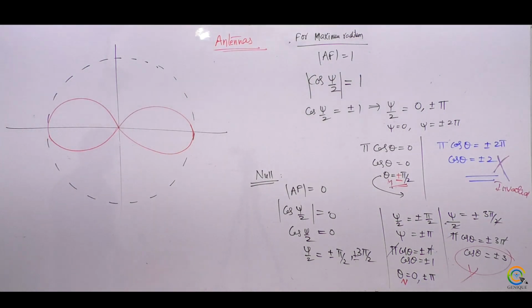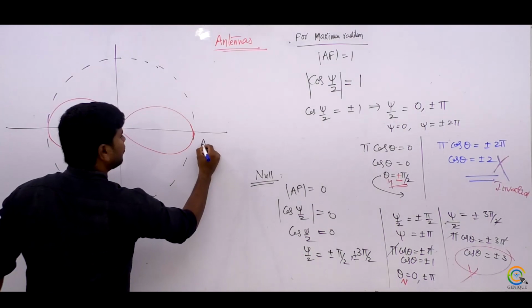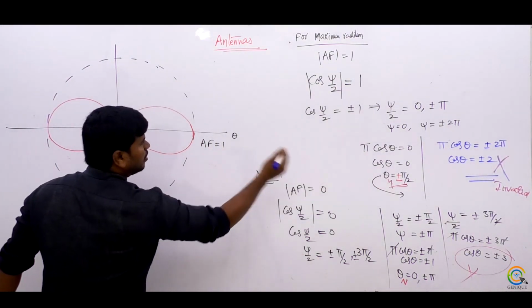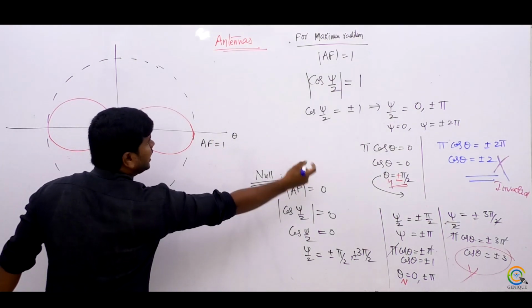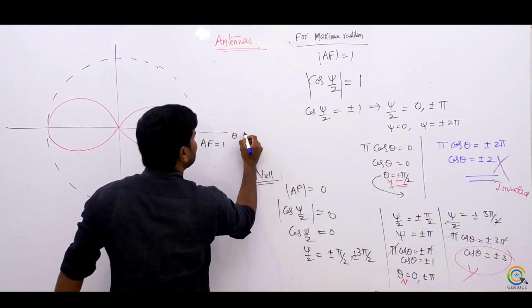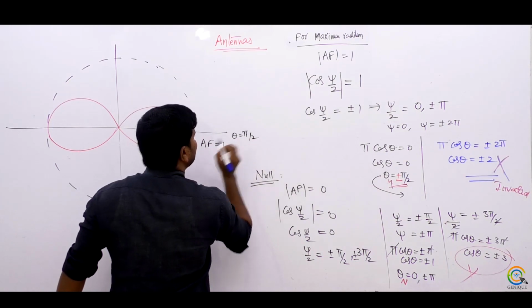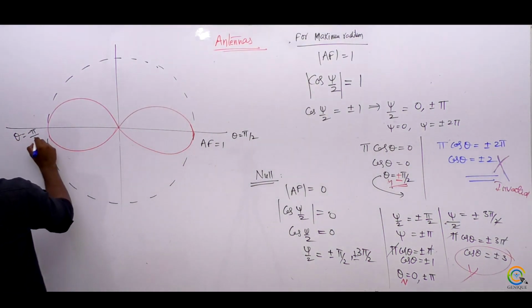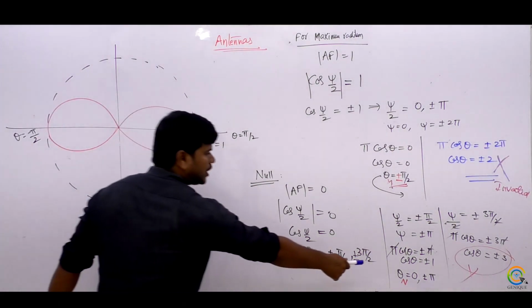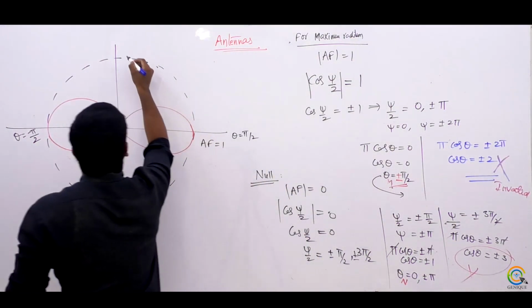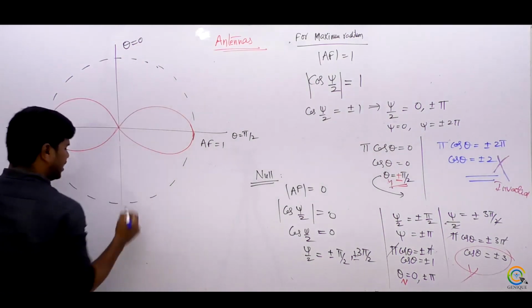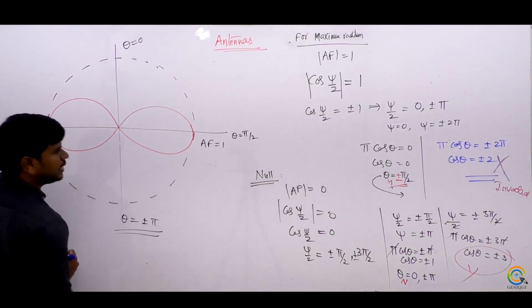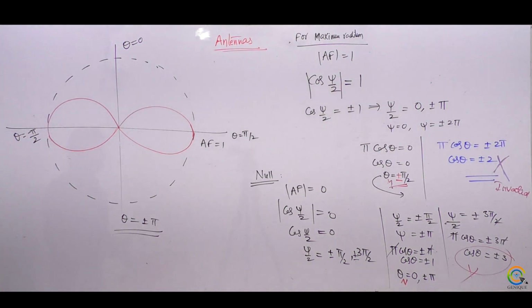So this is AF equals 1. So that means here theta equals how much? AF equals 1 for theta equals plus or minus pi by 2. If theta is equal to minus pi by 2, we are getting the maximum values here. For theta equals 0 and theta equals plus or minus pi, this is the array factor.